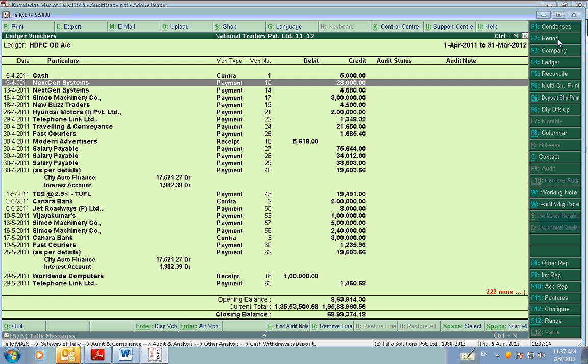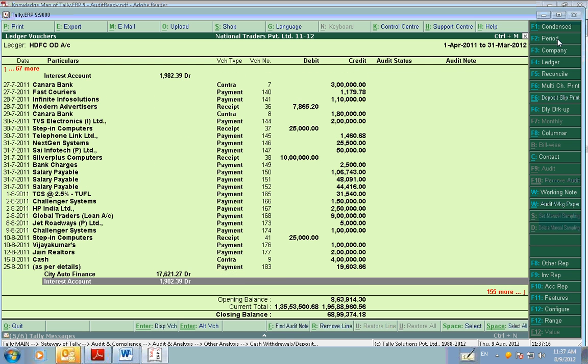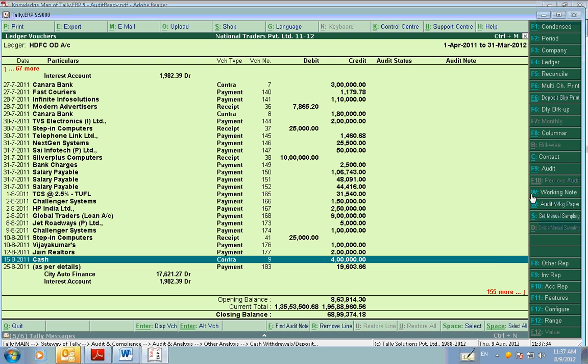You can go to show ledger-wise and it will show you the entire transactions and you can have a check on the same. Right? As these are banking transactions, you get the entire range of your banking options: the multi-cheque printing, deposit slips and all those options. If you want to act on the verification or auditing part, just add paper.